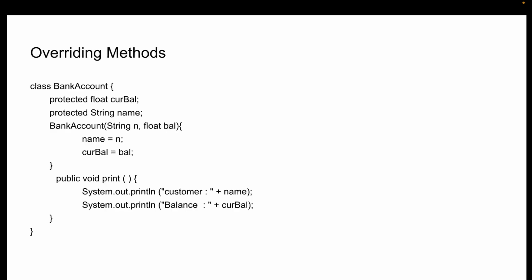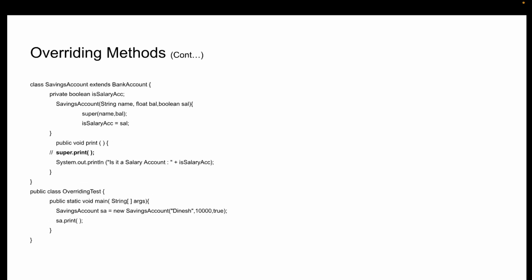So see, overriding methods. This class has some protected instance variables like current balance and name, and then you have a constructor which takes two parameters for assigning name and current balance, and then you have a print method where we are printing out the name and current balance.